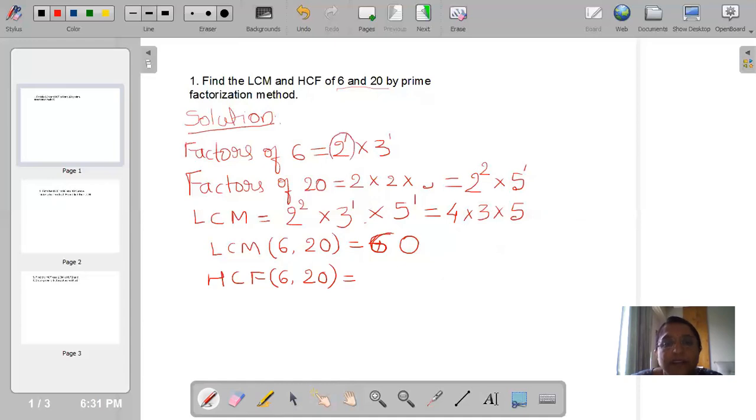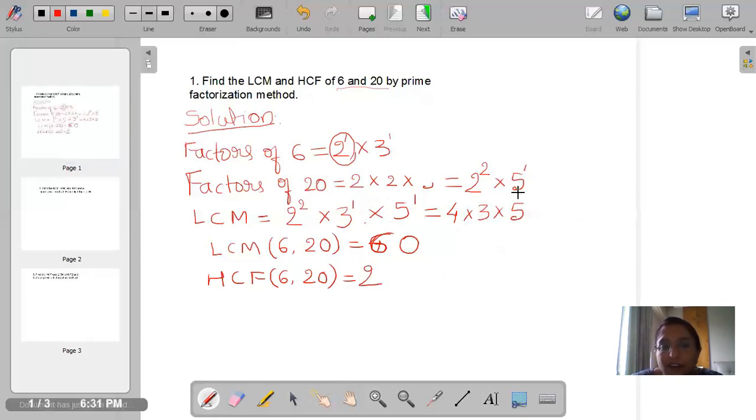Here 2 is there, here 2 square is there. Common is only 2, that you have to write here. Here 3 is there, but 3 is not there in the other, so you cannot take it. Here 5 is there, but 5 is not there in the other. Only those which are common in both you have to consider. So here only 2 is the HCF.